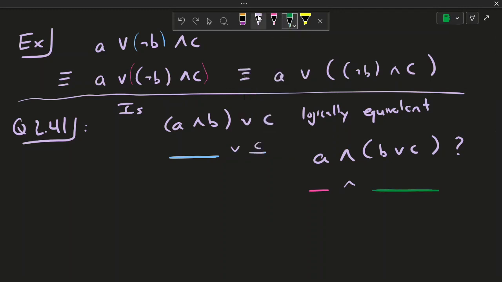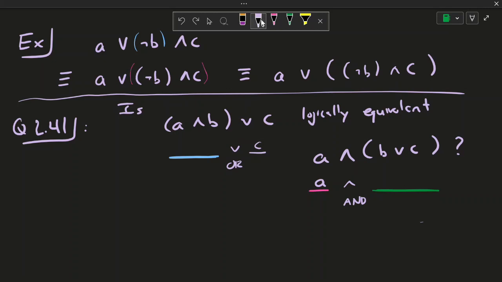So we're really checking an OR statement versus an AND statement. And ORs and ANDs are fundamentally different, meaning ORs can be true as long as one of these blue pieces or C is true. On the other hand, this A statement over here is only going to be true if both that pink A piece and the green piece are true.